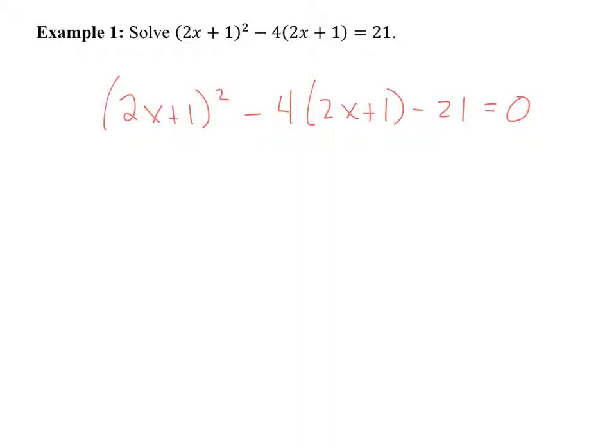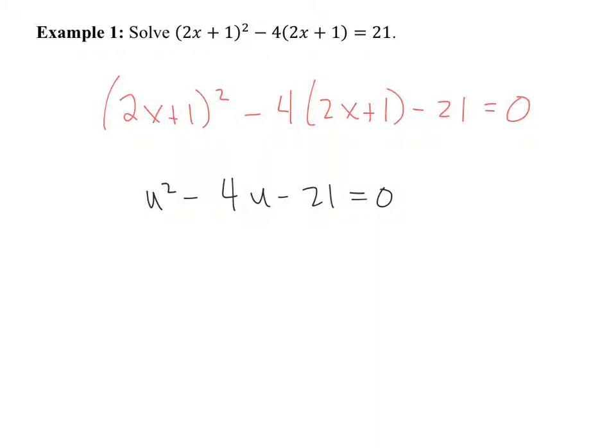What would the general quadratic look like? That would be a lot easier to solve. Jeff? 1 squared minus 4y minus 21. Yeah. Okay, any variable, doesn't matter, yeah. Okay? Something squared minus 4 times that something minus 21. That's literally what that looks like.